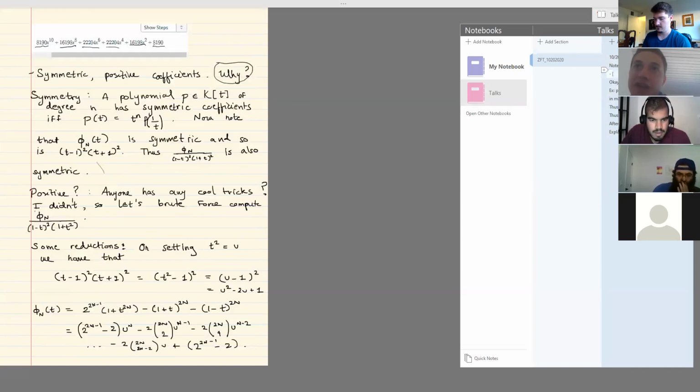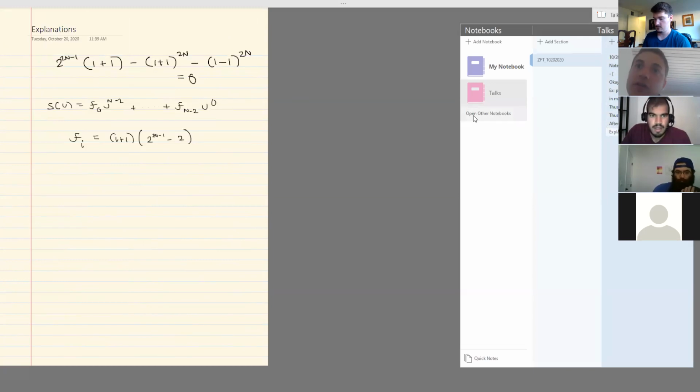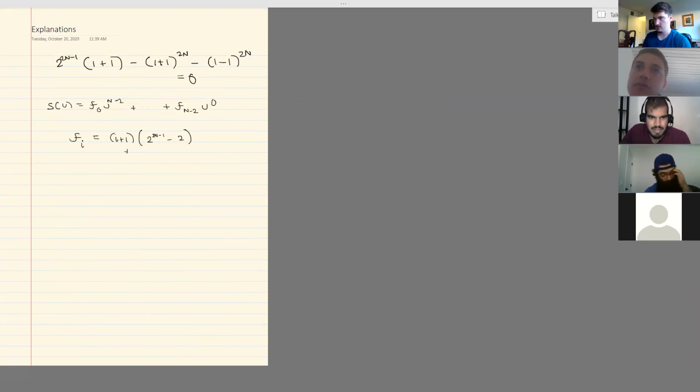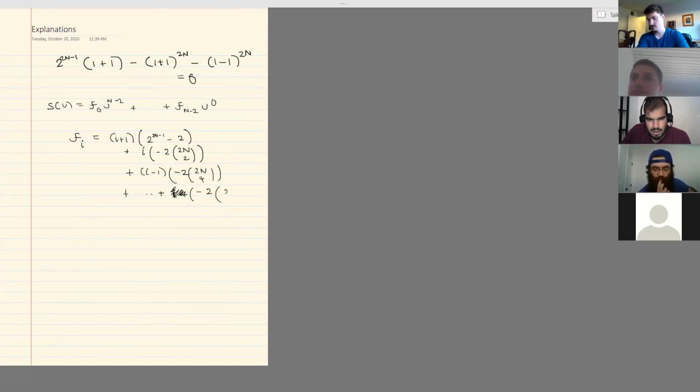I was just curious if you knew offhand whether they were nice or not. I mean, it should be nice, but it really was not nice when I looked at it. So it's basically this plus (i minus 1) times negative 2 times 2n choose 4, plus dot dot dot, and then you just go in this pattern until you get to negative 2 times 2n choose 2i.